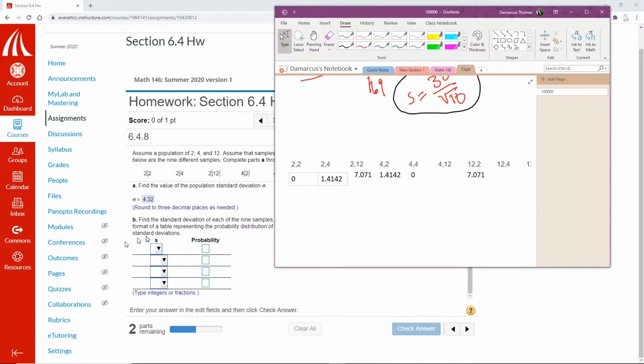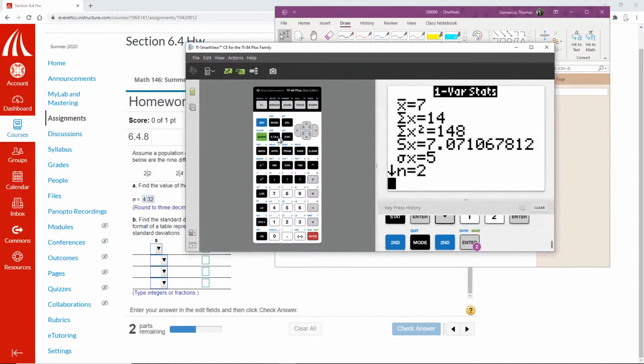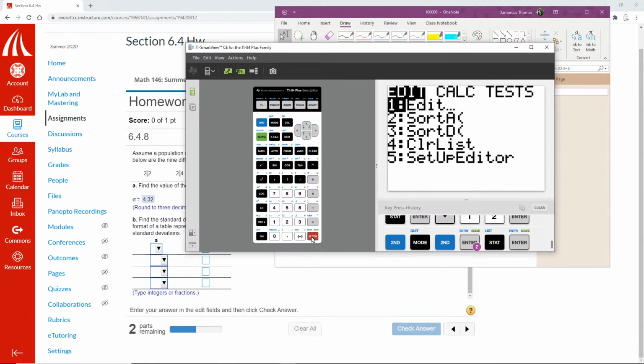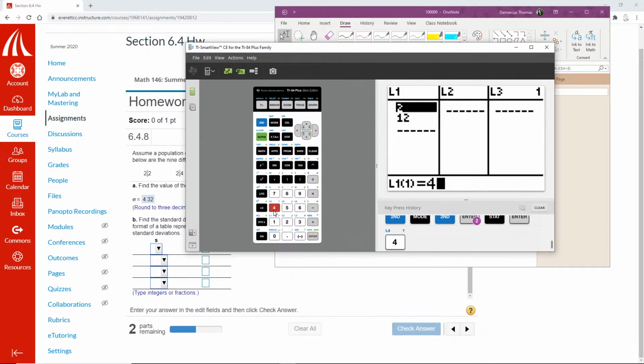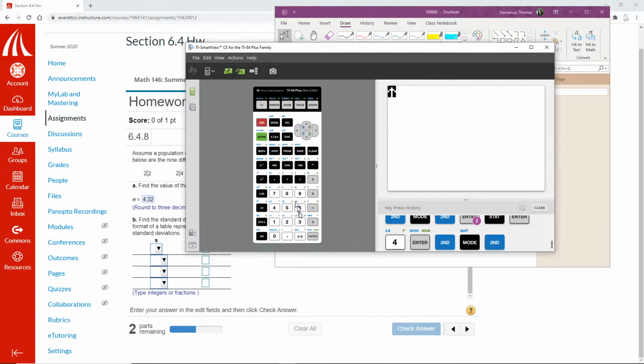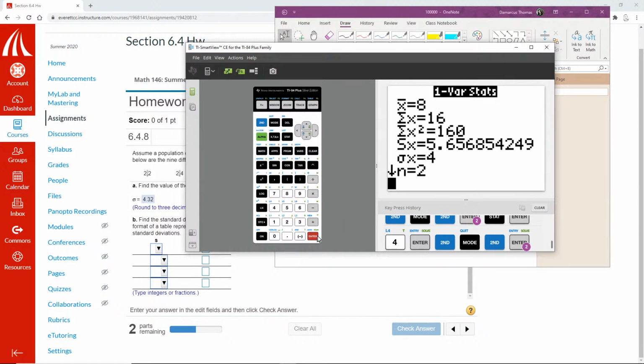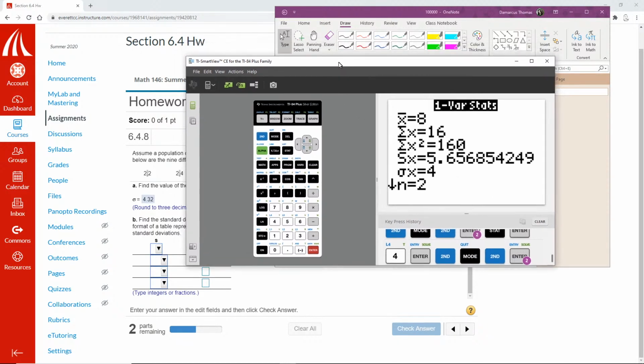So we're going to look at the standard deviation sampling distribution. That's what this is going to be called. That's what it's forming, a little deviation. A probability distribution as well. So let's do 4 and 12 now. So I'm going to go back into my list and edit my list to have 4 and 12. And now I'm going to calculate one var stats on L1. Second entry will just recall the statement. And I got 5.6568.